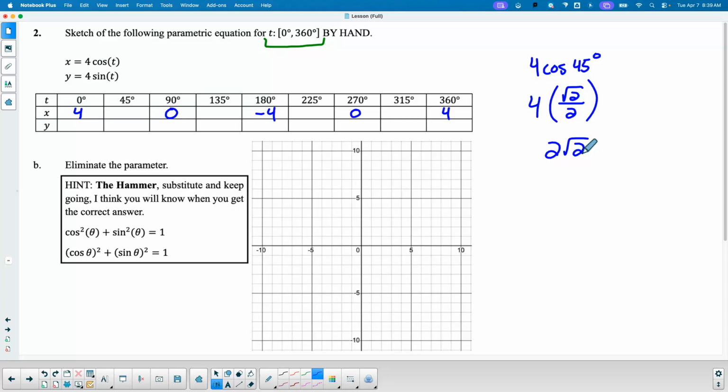Two square roots of 2 is the square root of 8, right? Which is almost 3, correct? So approximately 2.83. Did you actually calculate that in your calculator and get 2.83? Perfect.